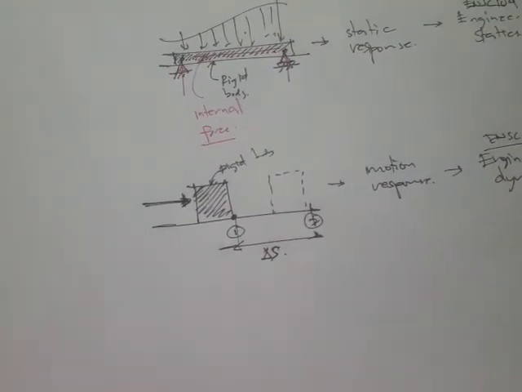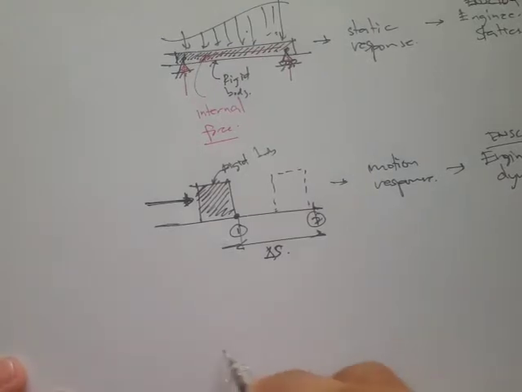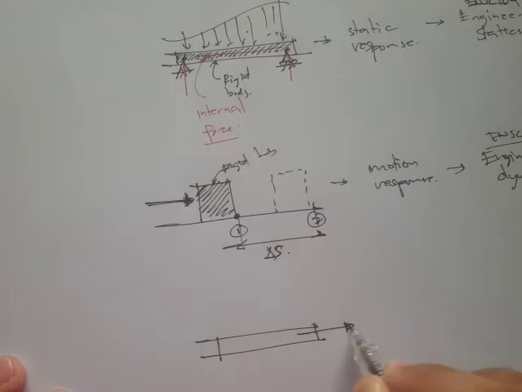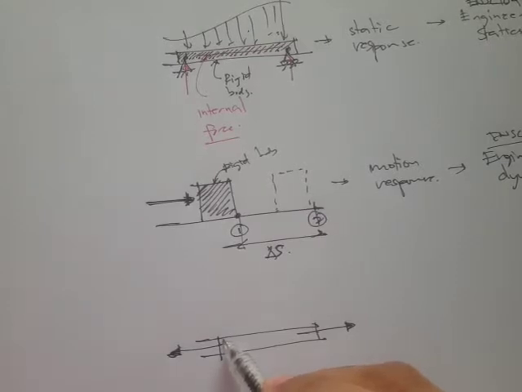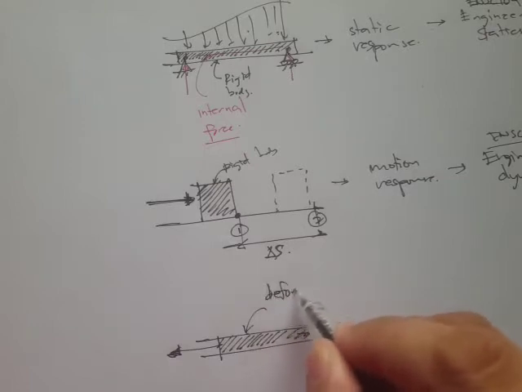Now, another response to forces: for example, I have a bar and I subject this to axial loads, tensile. But for now, this body is no longer rigid. Let's say this is a deformable body.